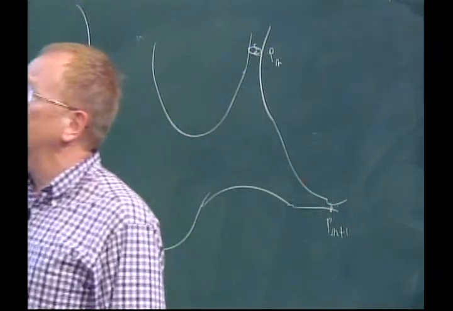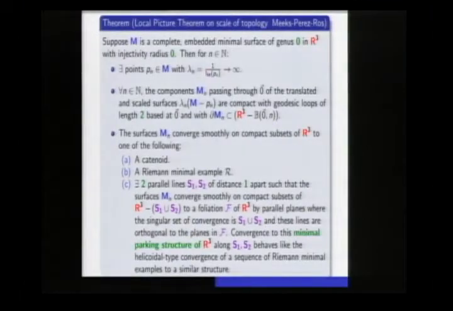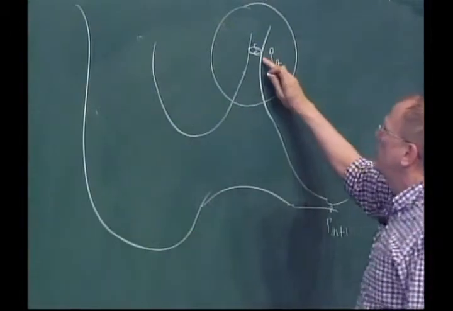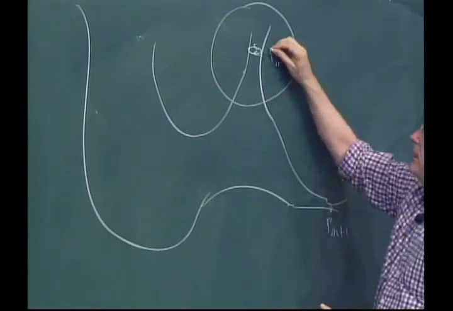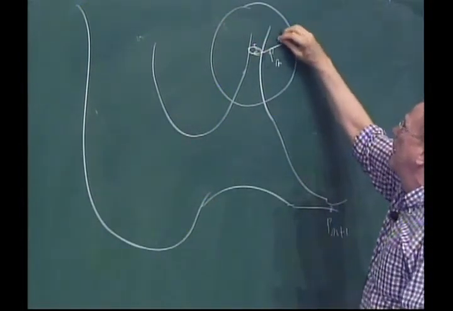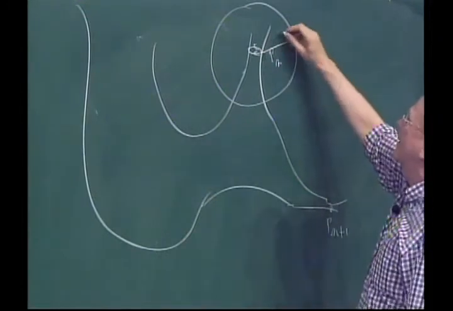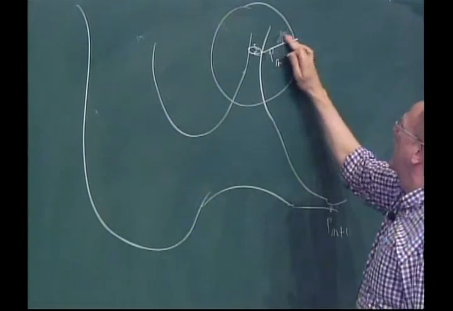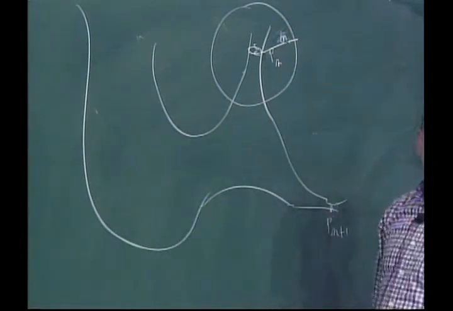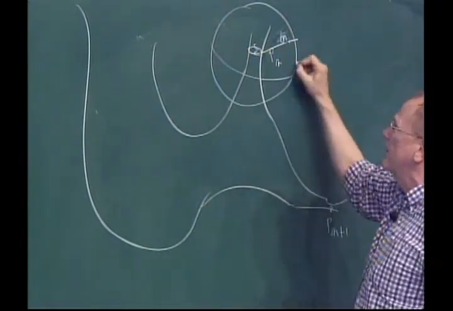So I'm going to translate the surface. I'm going to try to think of how it looks in coordinates around this point. Either I can just put a ball of some radius around this point. This ball is going to have radius n. Well, k, I guess k in general. I could maybe put the same n. It's a question of finding these. So I'm going to put a ball of radius n centered at these points.